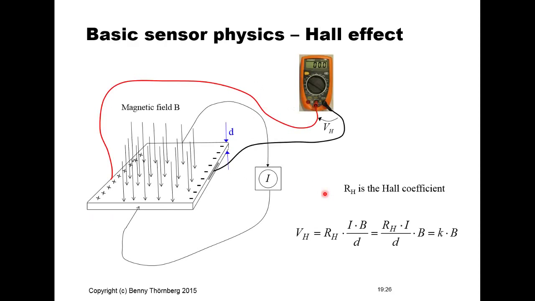The actual Hall effect sensor is basically a semiconductor material, and we are driving a current through this semiconductor material by using an external current source.